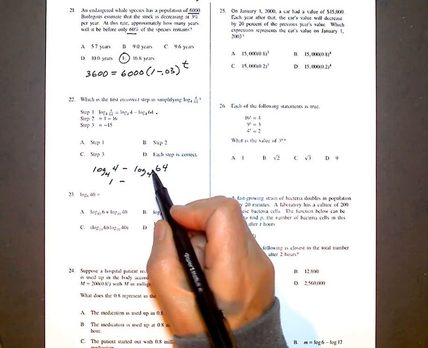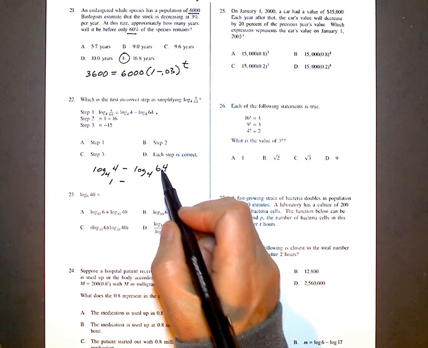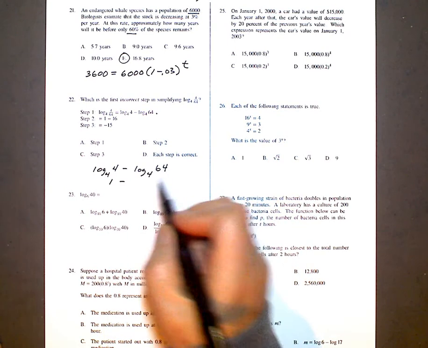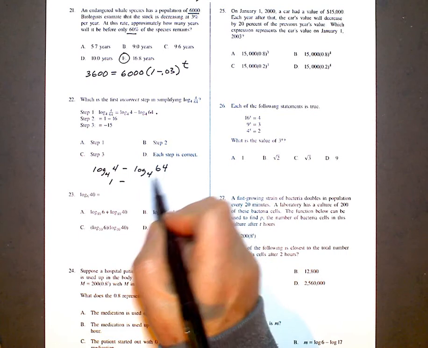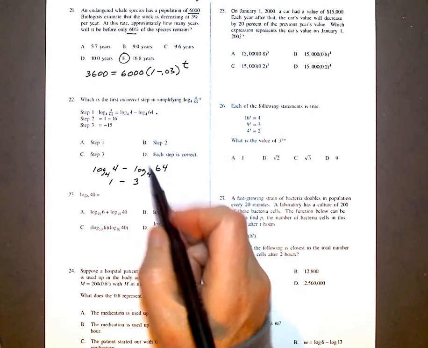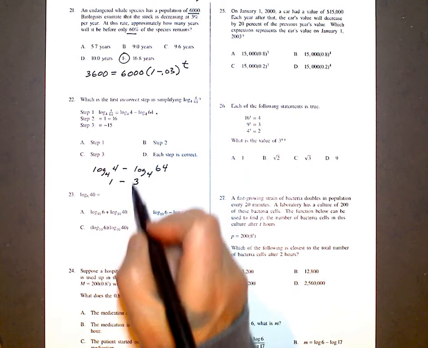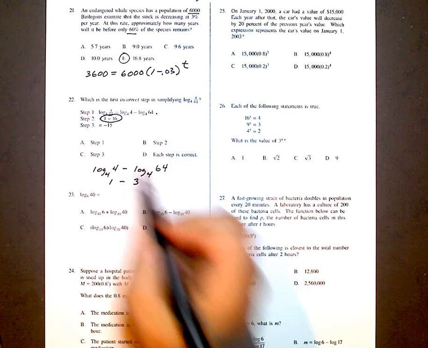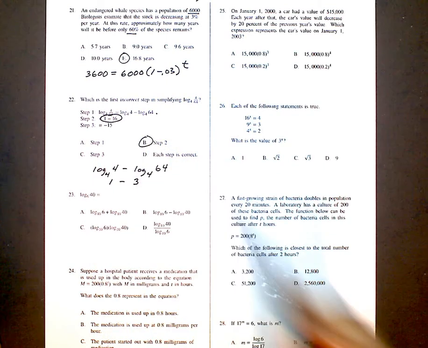And the exponent I raised 4 to get 64 is 3, because 4 to the third is 64. So it's 1 minus 3, and then my result would be negative 2. So they make the mistake right here with that 16. So the mistake is made in step 2.